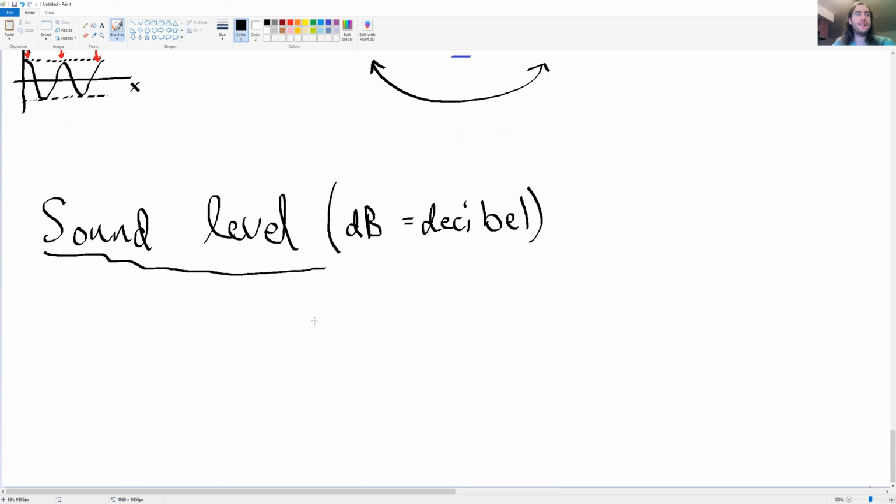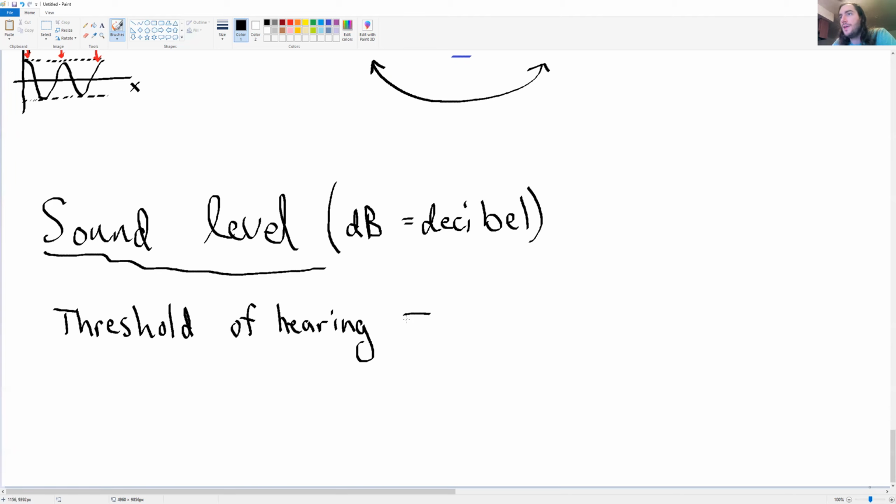So sound level, what is it? Well, it's a really arbitrary definition. It's not something that's very intuitive at first, but what makes it intuitive is the size of the scale. There's this thing called the threshold of hearing. What is this threshold of hearing? Well, it's the intensity of sound that you can just barely hear, so it's the minimum intensity.